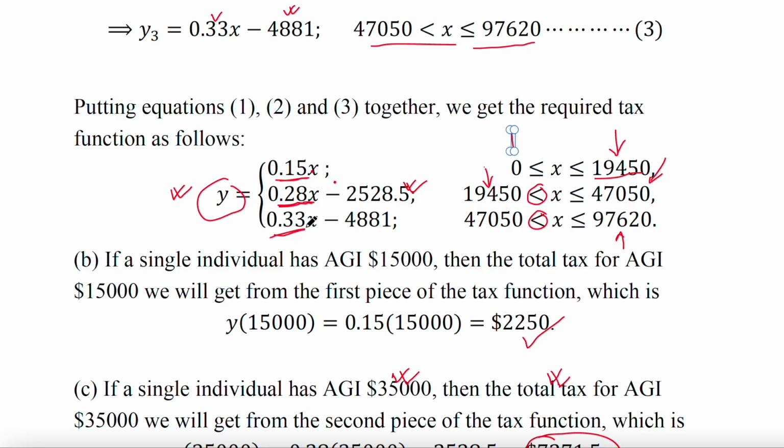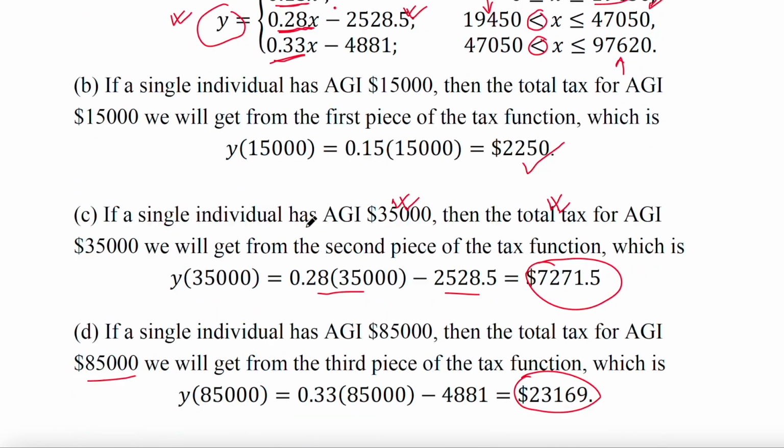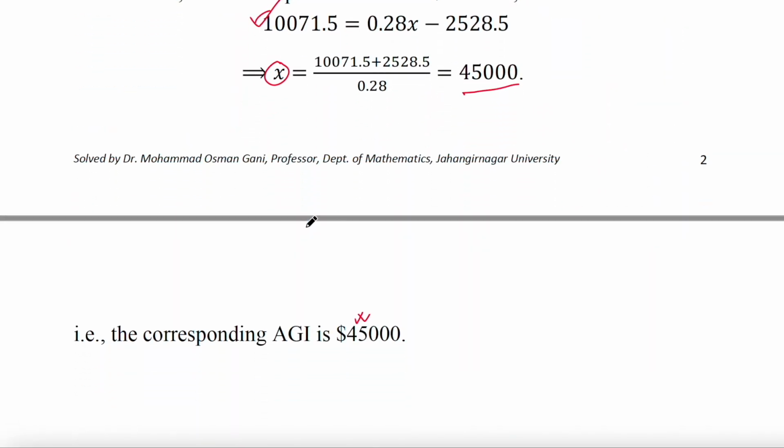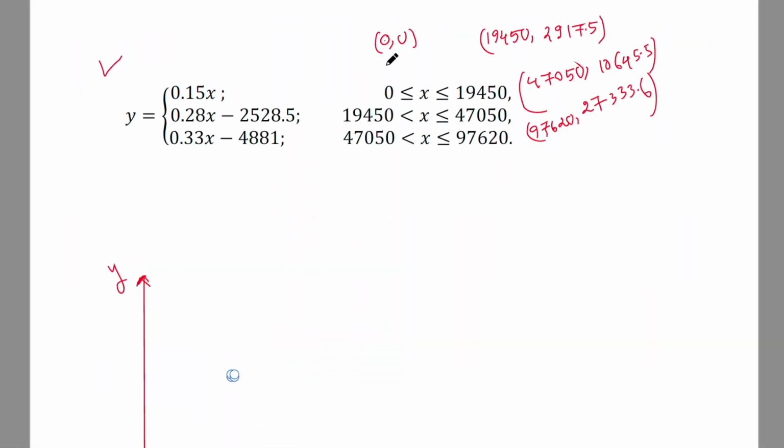So the second line will be a bit steeper than the first line, and the third line will be steeper than the second line. Now how can we sketch the first line? Start at 0 and end at 19,450, and the second line starts at 19,450 and ends here. The third line starts here and ends at this point.